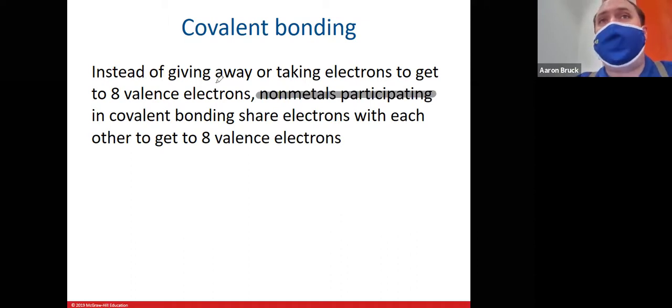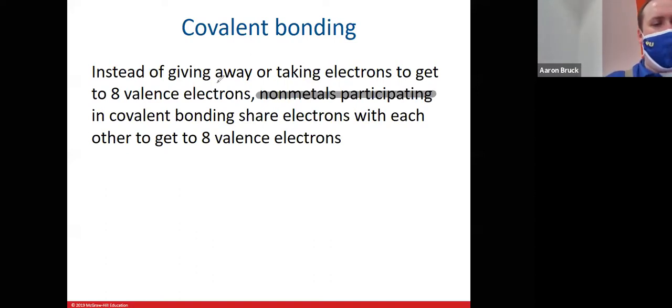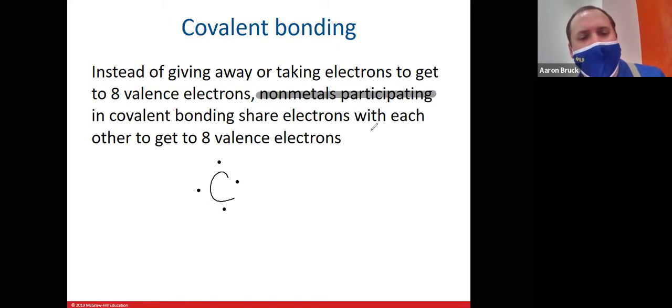But if they have 4, 5, 6, or 7 electrons, they're going to be much more prone to sharing. And furthermore, if we look at it from the standpoint of our Lewis dot structures, as we were doing on Wednesday, what we can see is that when we have unpaired, you guys can't see any of that.